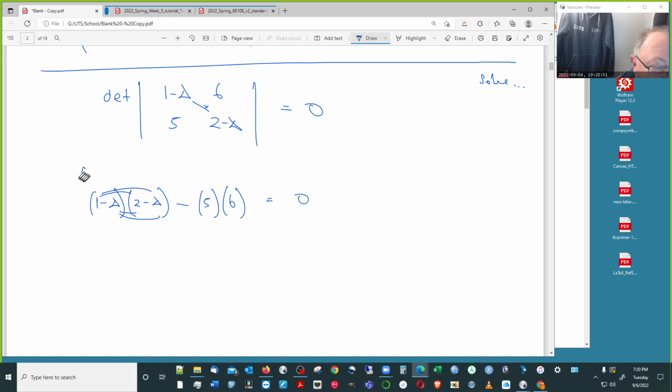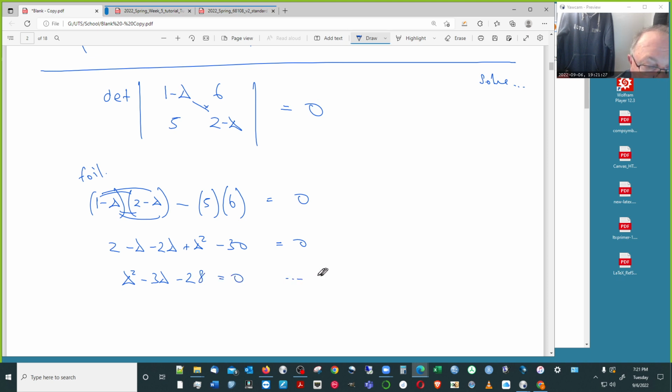FOIL is first, outside, inside, last. First is lambda squared, outside is minus 2 lambda, inside is minus lambda, and last is plus 2, minus 30 equals 0. So we've got lambda squared minus 3 lambda minus 30 plus 2 is minus 28, equals 0.